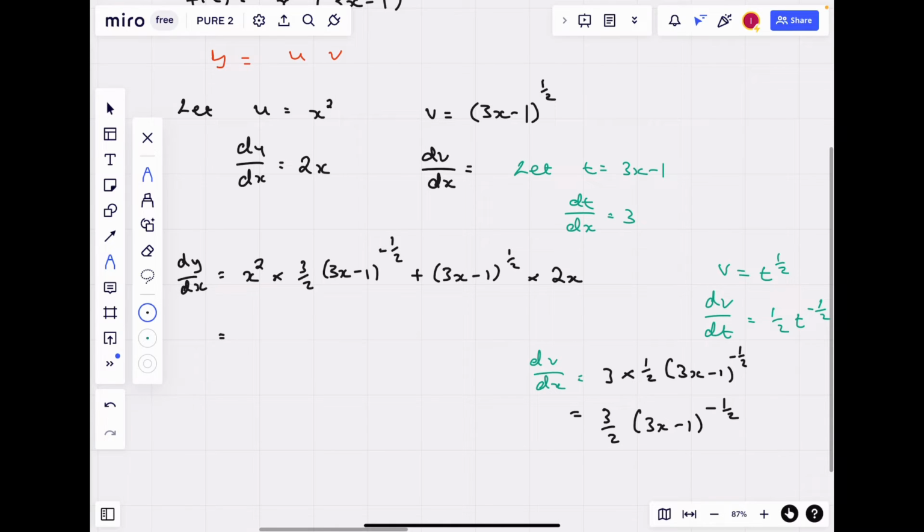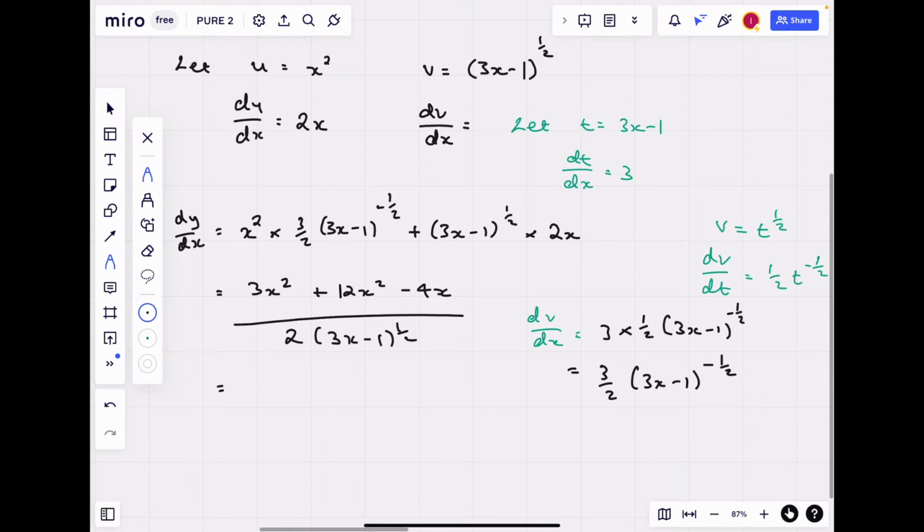After simplifying, you should have 3x squared plus 12x squared minus 4x all over 2 times (3x minus 1) to the power of a half.